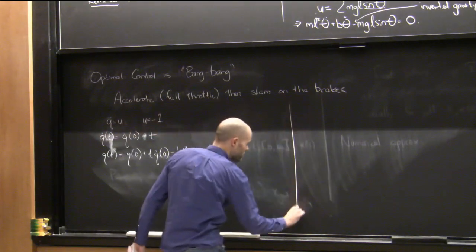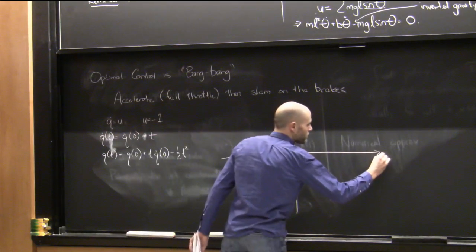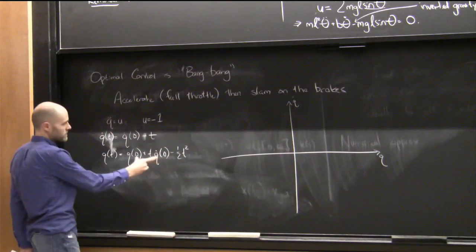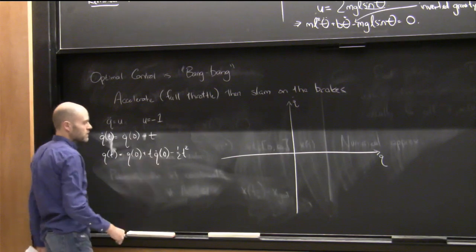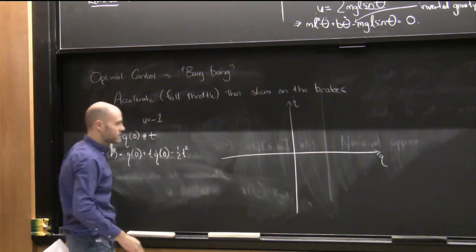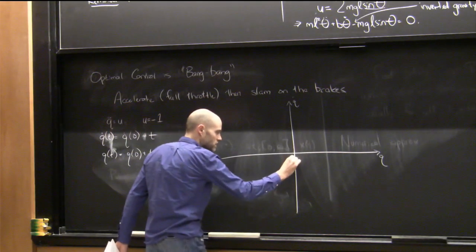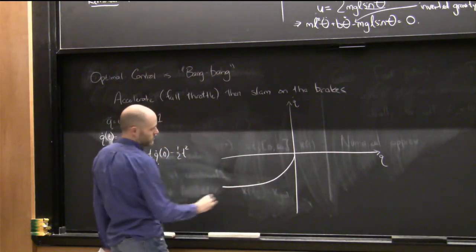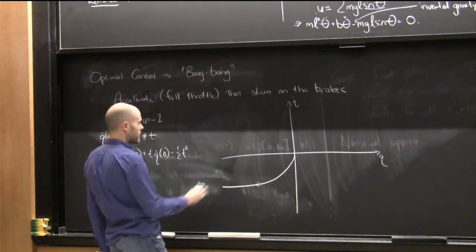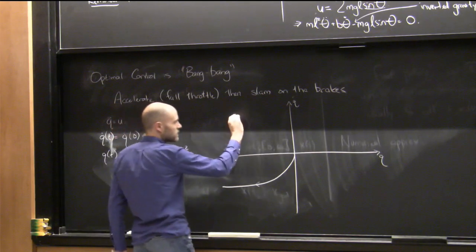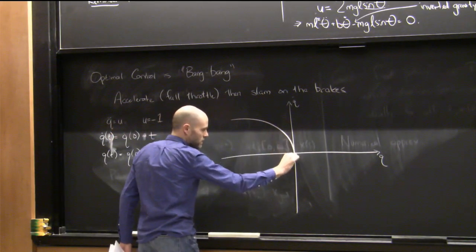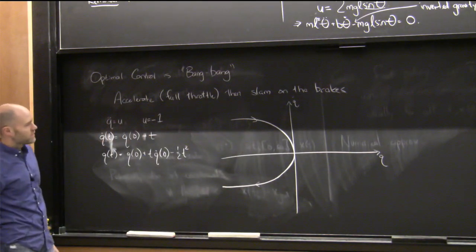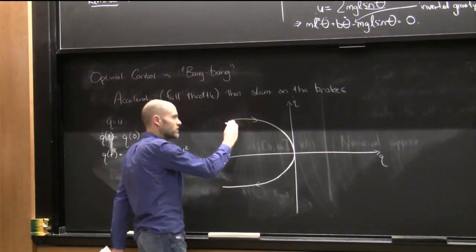So what does that look like in the phase portrait? q versus q dot. Well, if I start even at 0, 0, then I'm going to have this negative t. It's a parabolic curve that goes out like this, right? And if I started with positive, that whole curve is a feasible orbit given I've got u equals -1.